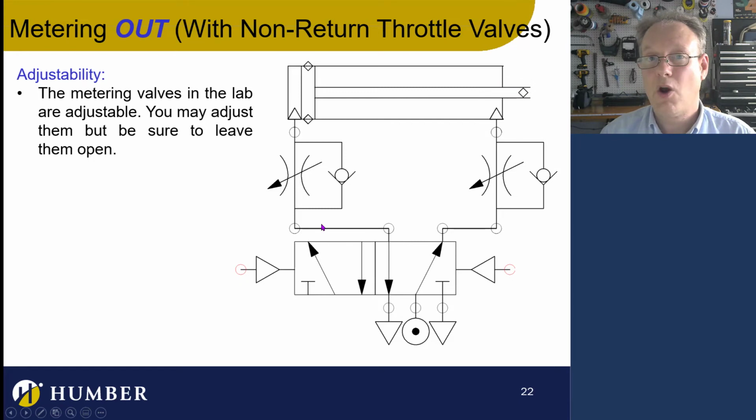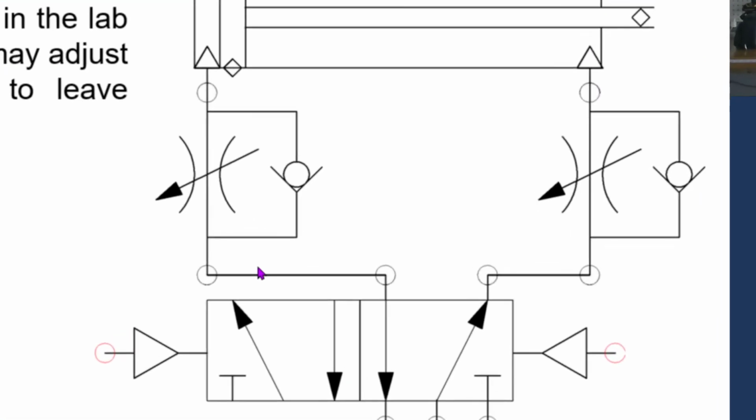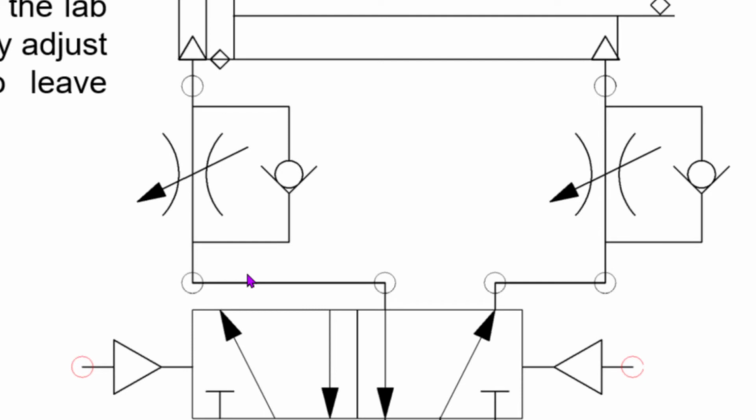And by the way, when you're looking at these metering valves, like maybe if I give you an exam or a test, you can always see whether or not the metering valve is positioned properly by looking at the check valve. However you look at it, that check valve is always going to be pointing to stop the air coming out of the cylinder.